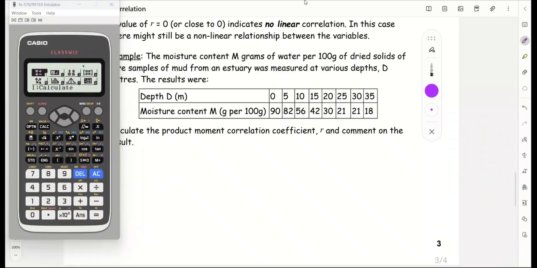So on the ClassWiz calculator, take yourself to the statistics menu. And this particular one, we want number 2, which is y equals a plus bx. That will be for linear data. And now you can see we have x and y columns in our table. And we enter in the values as so.